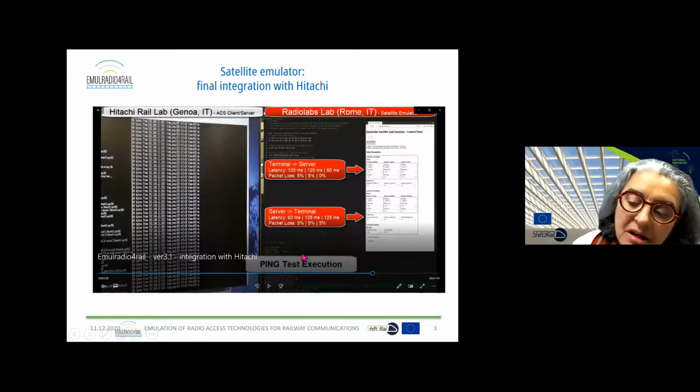Discussion with, for example, a colleague of SNCF has shown that they experience some problems when deploying LTE or 5G in specific railway environments.